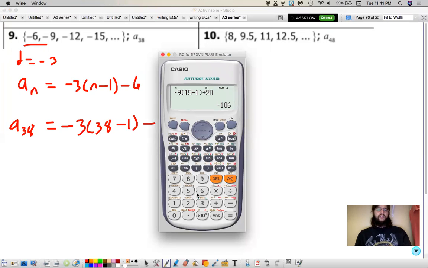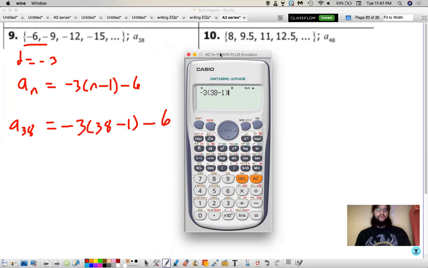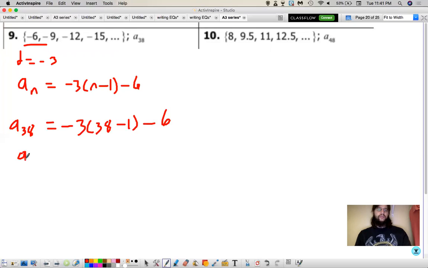Type it in the calculator. And we get negative 117. Okay, moving on.